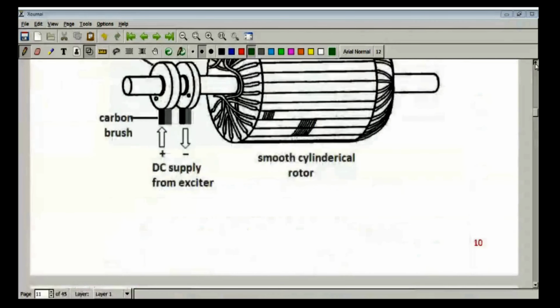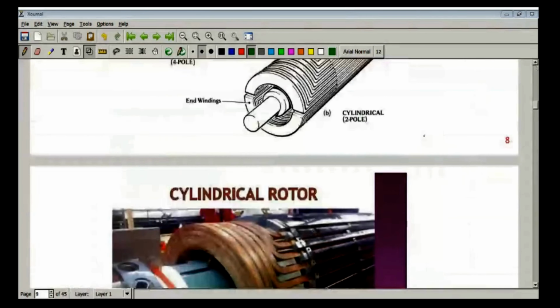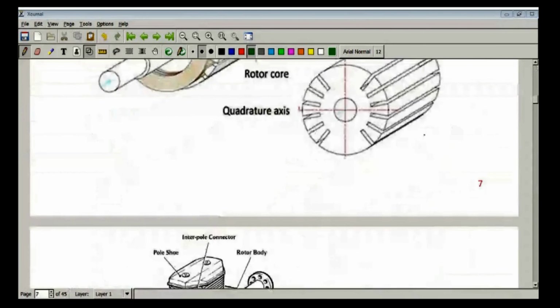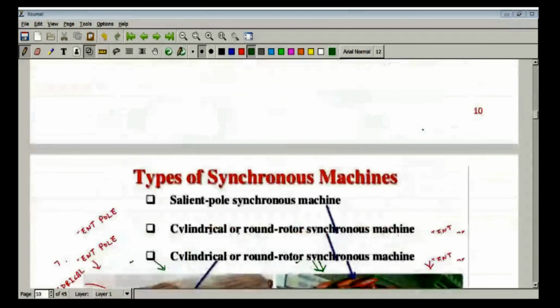So now let us come to why it is used like this. I will again take you back to that slide, or let me add one page if possible.